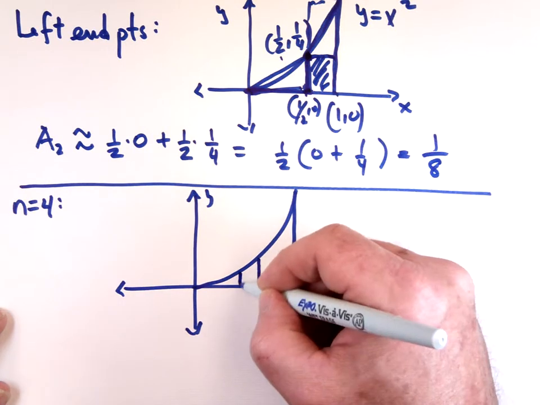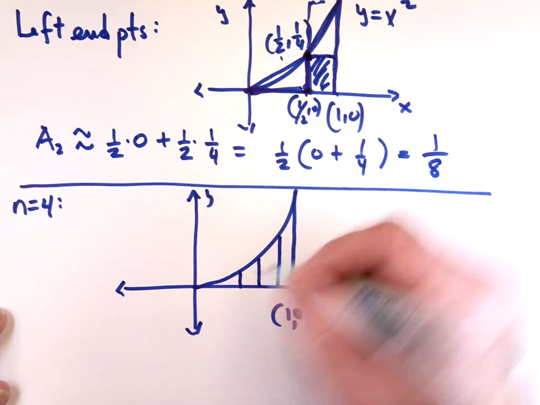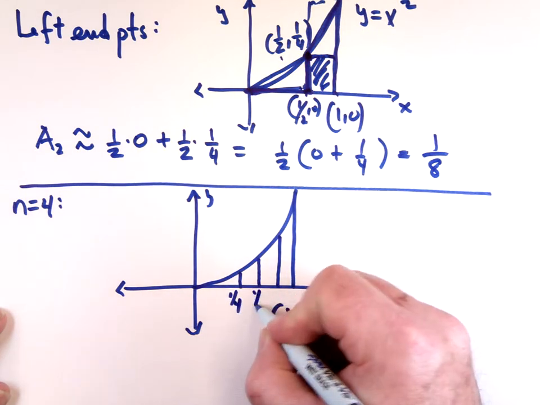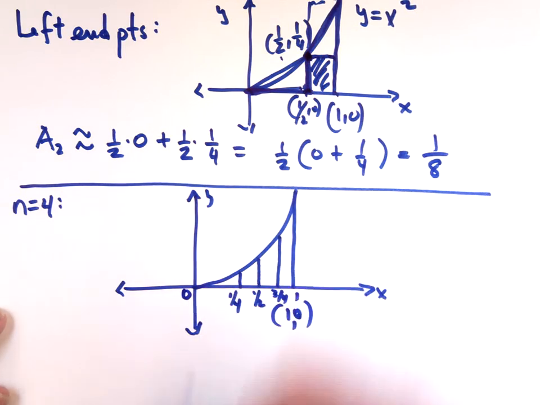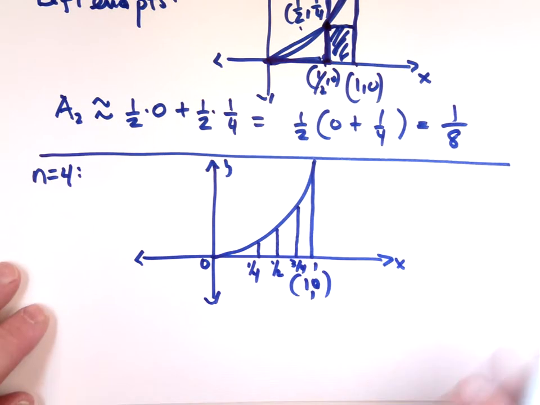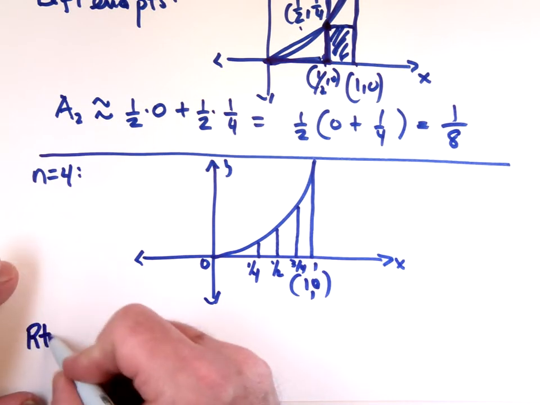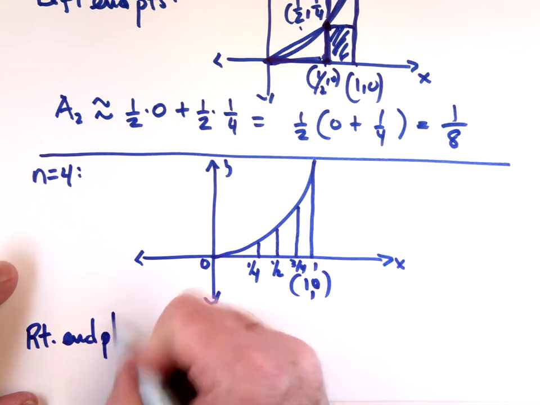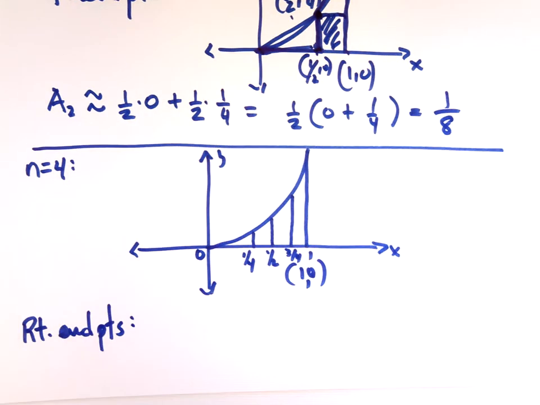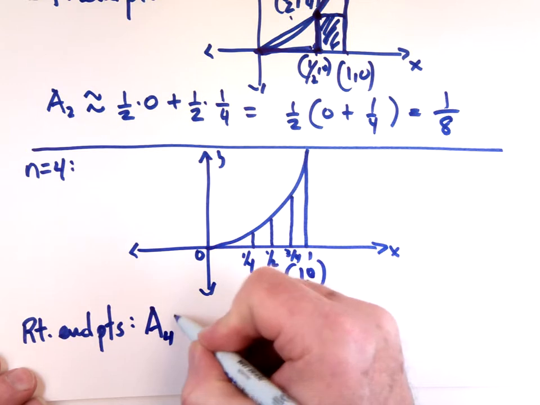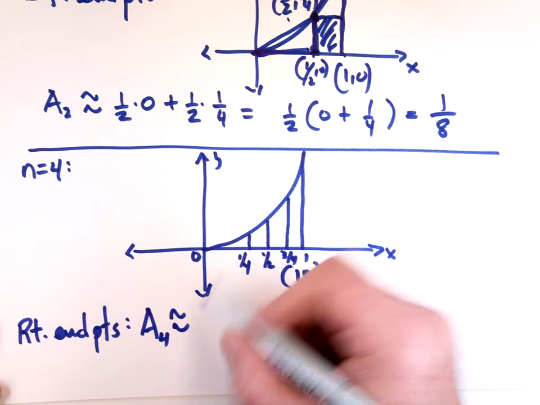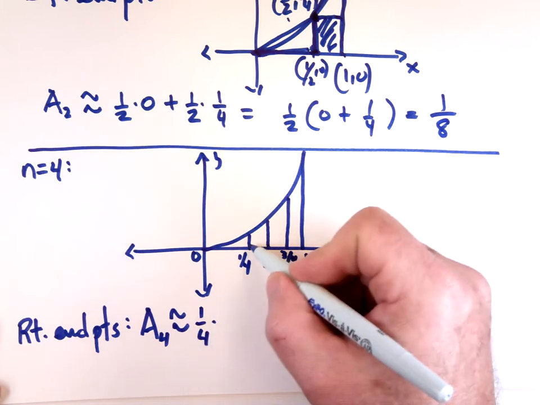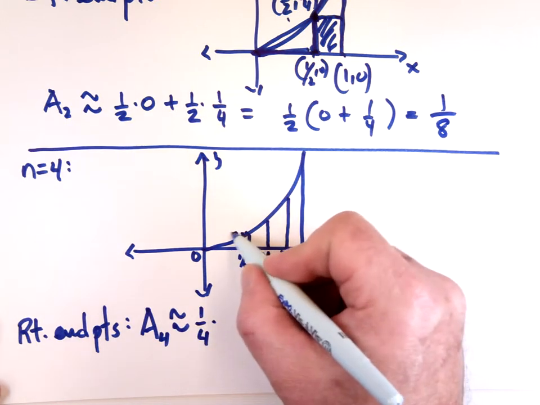1/4, 1/2, 3/4. This is 1, this is 0. I'm going to do right endpoints first. My area, in terms of these 4, is approximately equal to the width of 1/4. First rectangle, my right endpoint rectangle is this guy. The height is the value of the function at 1/4.